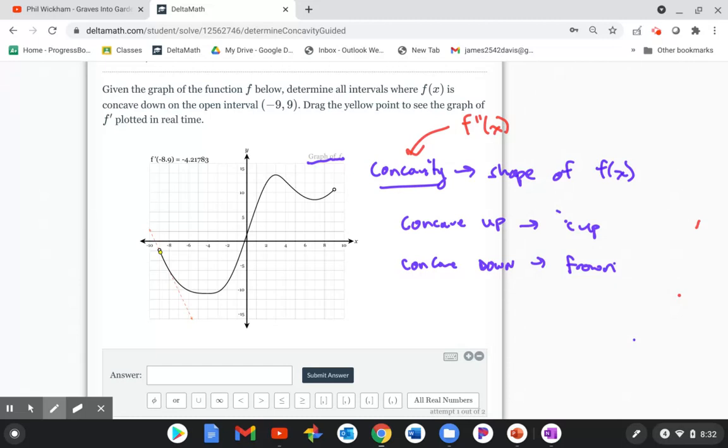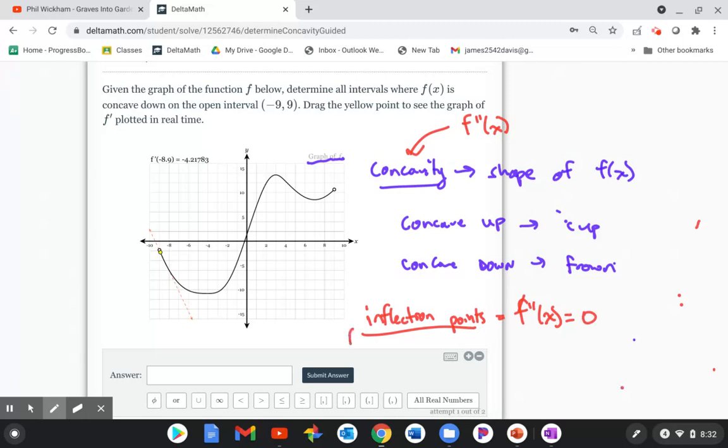And then in the next video, we'll actually be finding the second derivative, setting that equal to 0 to find what we call the inflection points. Okay. Inflection points are where the graph changes from concave up to concave down. So these inflection points are where f double prime equals 0.